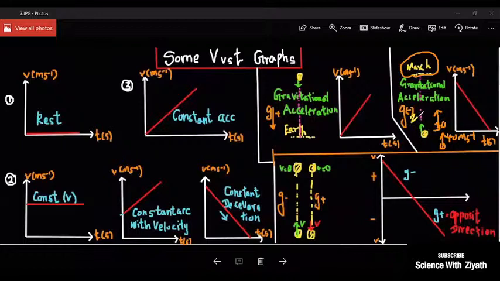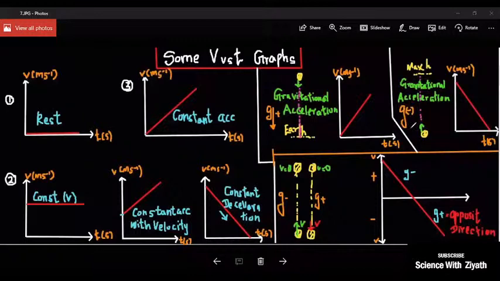Negative means negative acceleration, and negative acceleration means deceleration. If it's negative, that is deceleration. The special name for negative acceleration is deceleration.